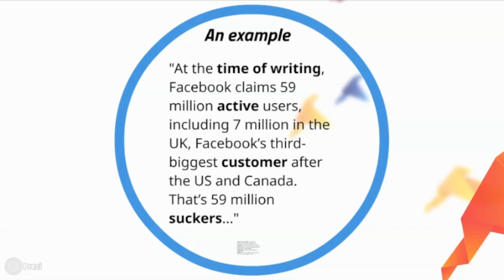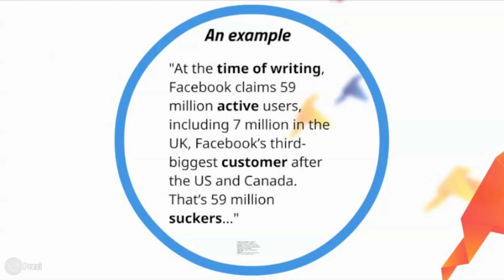So it says, at the time of writing, Facebook claims 59 million active users, including 7 million in the UK, Facebook's 3rd biggest customer after the US and Canada. That's 59 million suckers. Okay, so that's a really short extract from this news article. However, there are some really key words within that we can use our inference skills to figure out what the writer is actually saying.